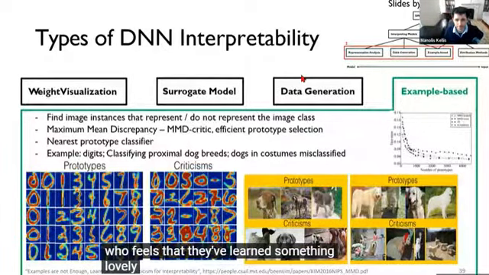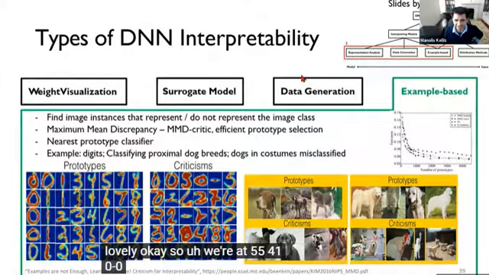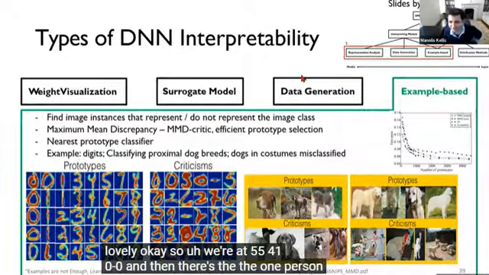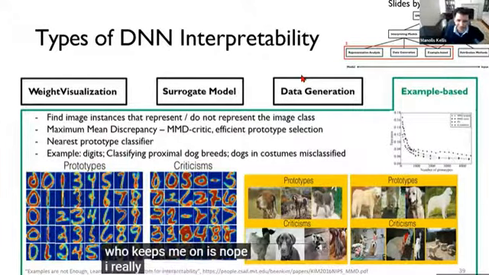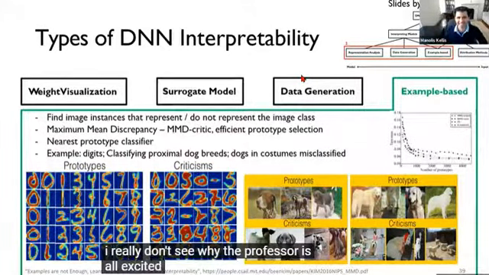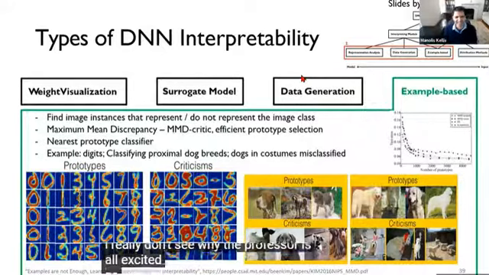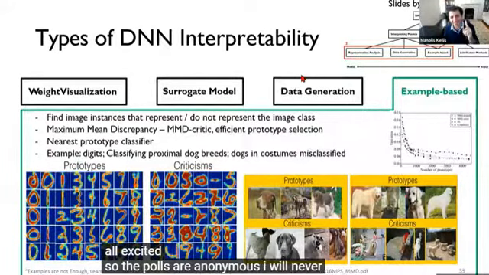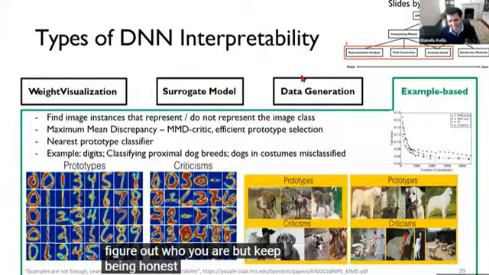Lovely. Okay, so we're at 55, 41, 0, 0. And then there's the one person who keeps me honest. Nope, I really don't see why the professor is all excited all the way at the bottom. So the polls are anonymous. I will never figure out who you are, but keep being honest. This is awesome. I need this.